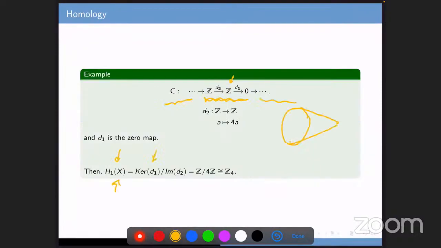So the whole Z is the kernel of this D1. And the image D2 is, of course, when you take a look here, if you multiply any integer by 4 here, we have 4Z, right? All the integer multiples of 4. So we have 4Z, and then the first homology group of X in this case will be Z quotient 4Z, which is isomorphic to Z4. It's just a basic example.